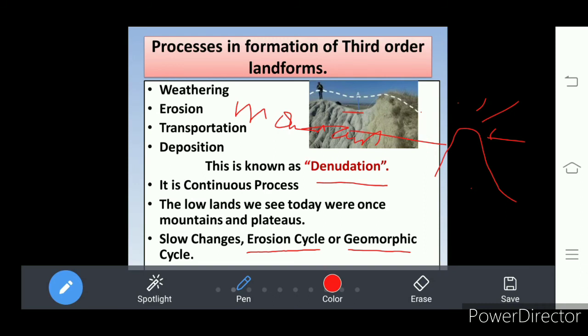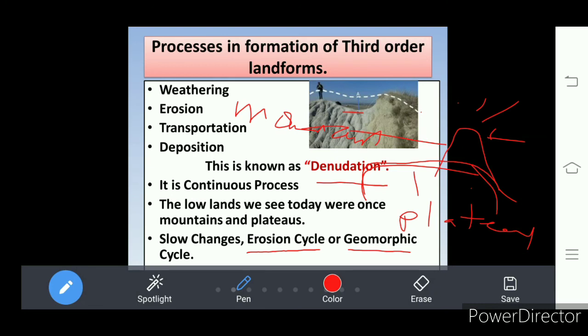So the shape of this mountain gradually decreases into another shape, that we call plateau. Now you see how a mountain changed to what? Plateau. A mountain changes to plateau. Understand? So here the change happened in the shape of the mountain to the plateau.